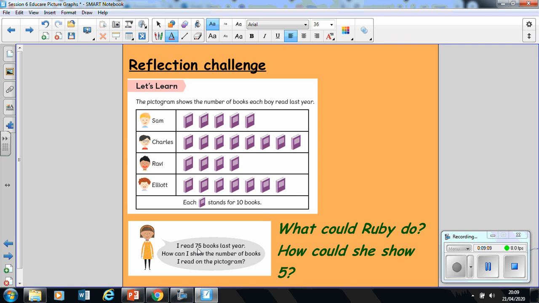Okay, so your reflection challenge is to find out and tell me how you're going to represent 5 in your pictogram. And would you mind, please, emailing your answers, if possible, to us, to Miss Pope and I, because we'd love to see how you used your reasoning and your thinking to come up with this solution. All right? Okay, we're going to move on.